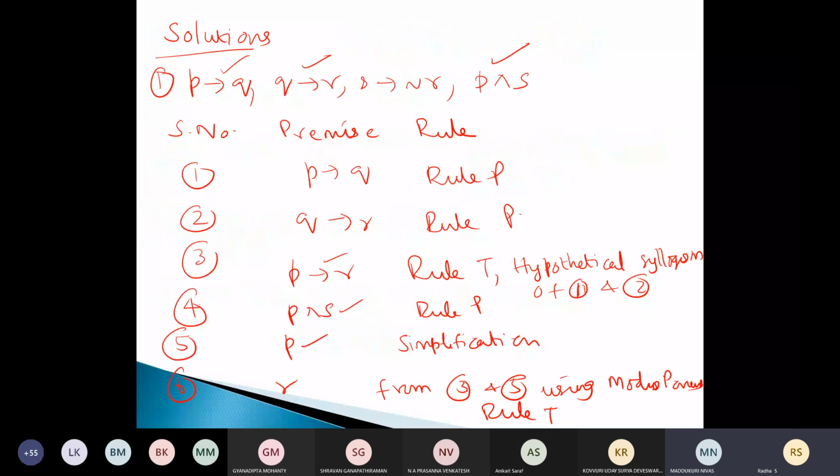If you want, you can see from the beginning. Ma'am, can we write the premises any number of times as we want? Yes, yes. The order you can change any way you like.